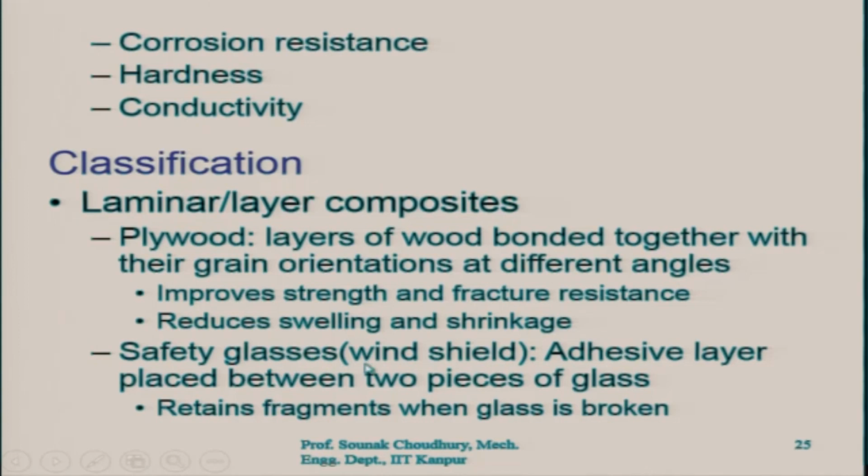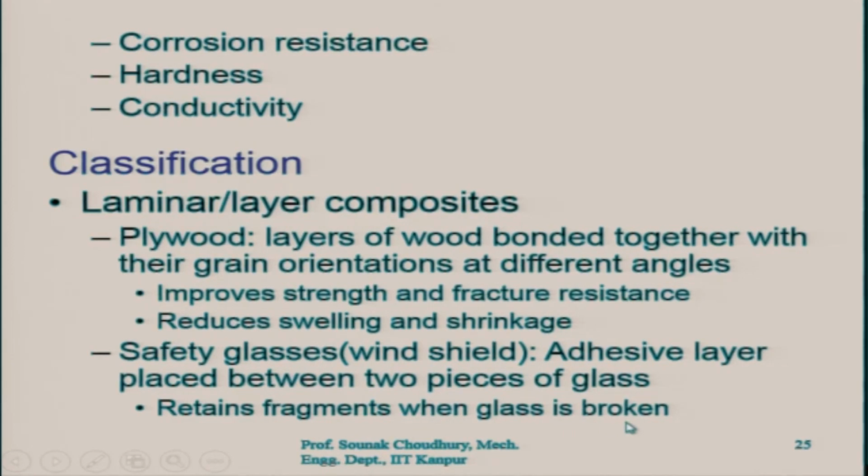Safety glasses and windshields, for example, are made with an adhesive layer placed between two pieces of glass. So, they cannot break into pieces, but they retain the fragments when the glass is broken.